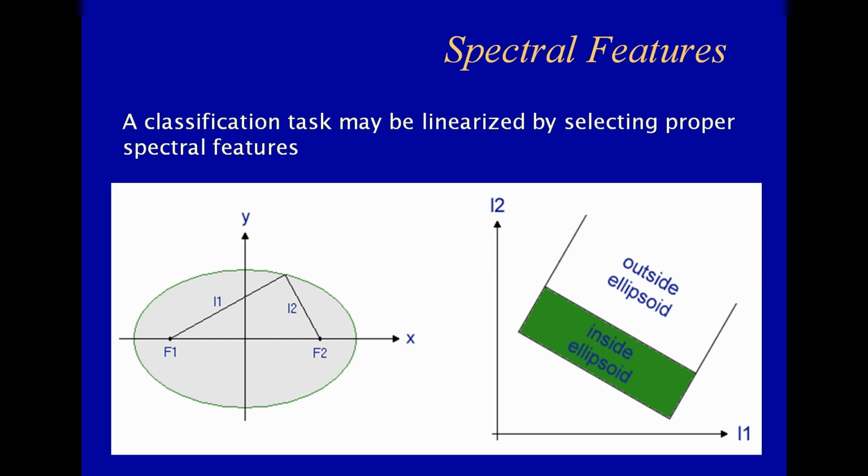If we transform the xy coordinate system, which we used before, into a new coordinate system based on L1, L2, then the elliptic region will be transformed into a rectangular region, and all the data points within the elliptic region will be inside this rectangle, and all the other data points outside will be in this open rectangular region, which is open in this direction, and the other part of the new space is just empty.